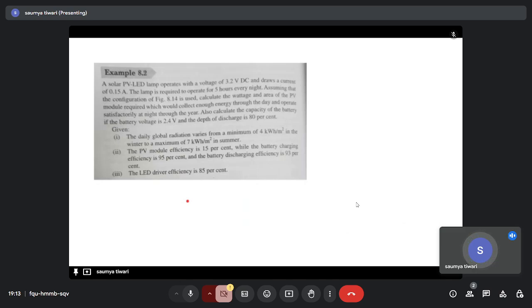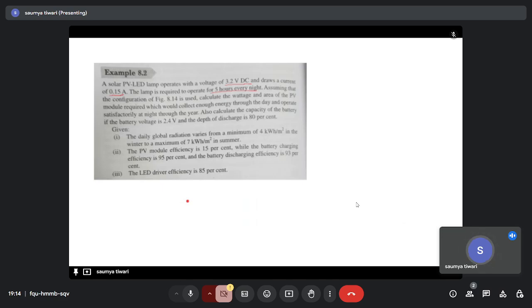Now this is another question on solar PV and lamp. So I'll read this question aloud. In a solar PV LED lamp operating at a voltage of 3.2 volt DC, the lamp draws a current of 0.15 ampere and is required to operate for 5 hours every night.